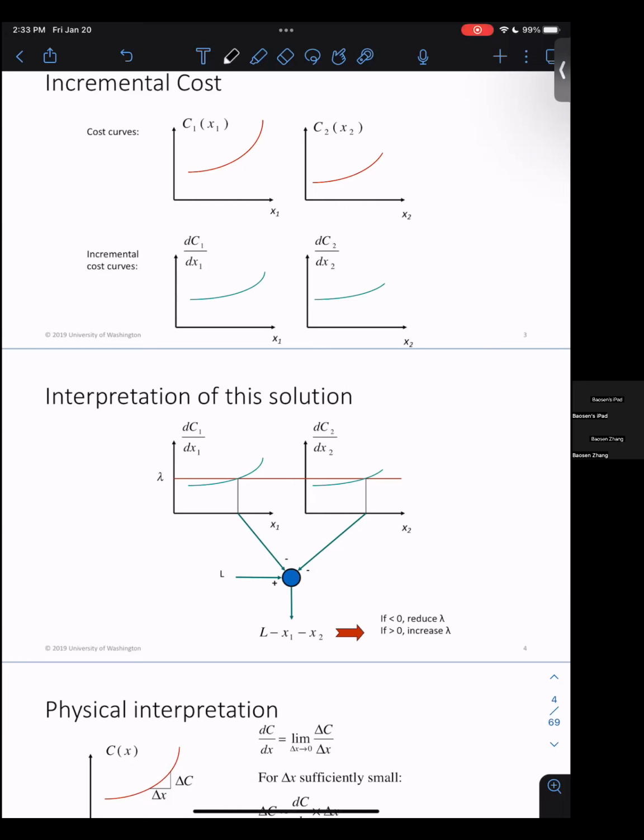If you're not generating enough, the price will go up because you need more generation. So for this one equality constraint, the interpretation is quite simple and very straightforward.